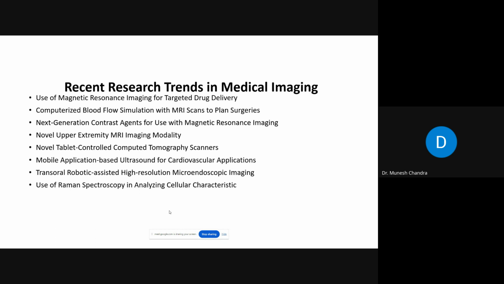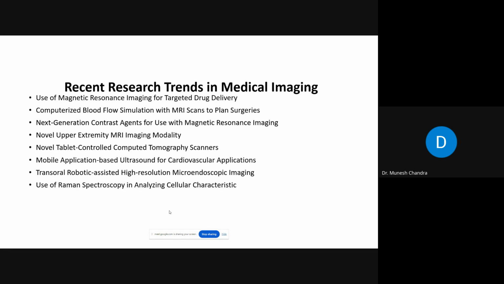Apart from that, blood flow simulation is also one of the research areas. If you want to do computerized blood flow simulation with MRI scans, that is also one of the recent research directions you can pursue in this particular domain.